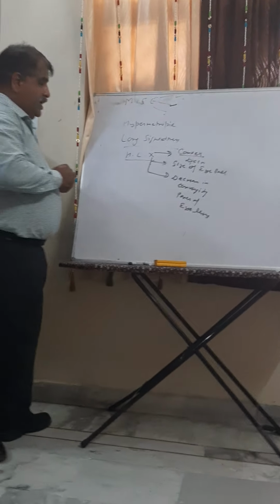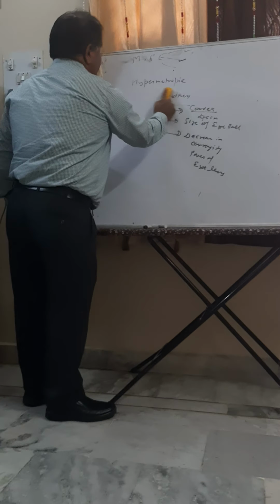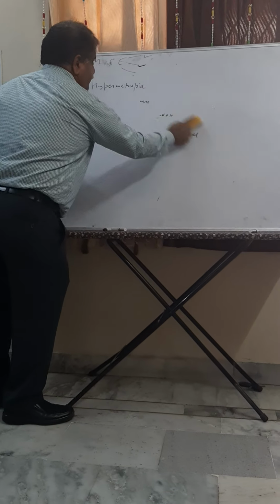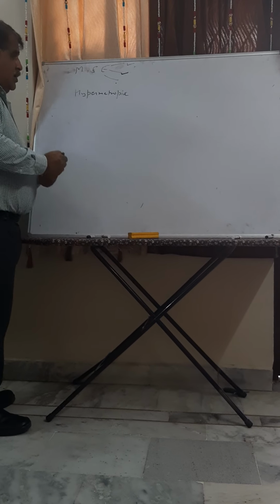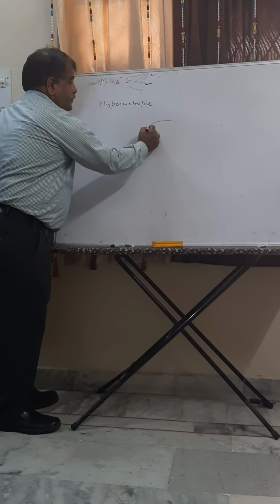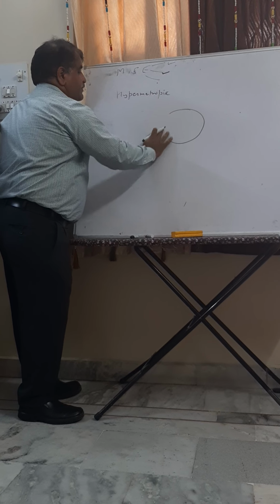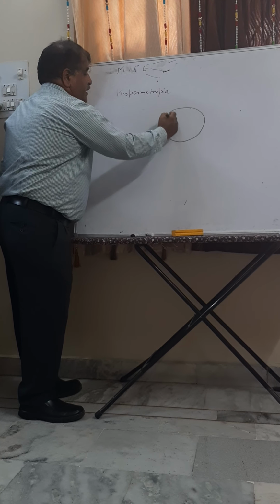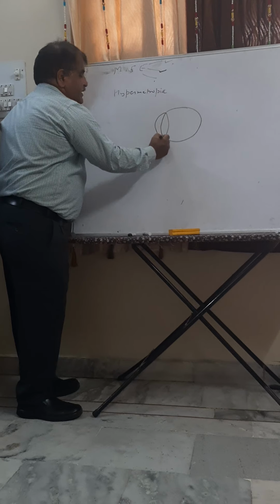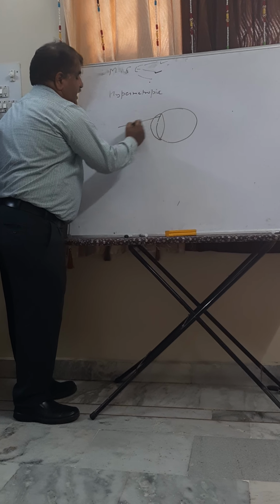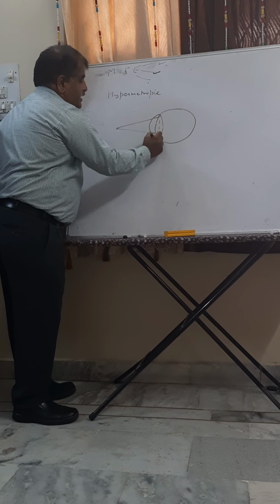Now we'll understand what actually happens during hypermetropia. Before that, let us understand when a person has to see nearby objects. The object is at the least distance of distinct vision.